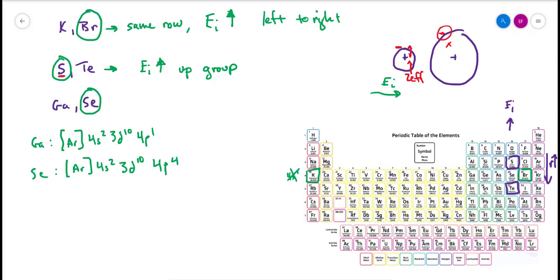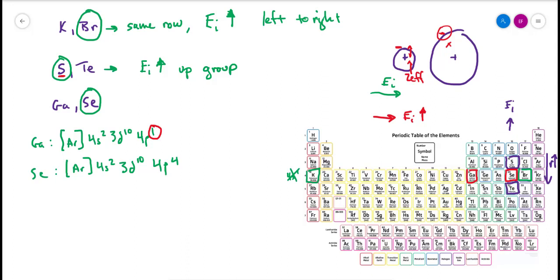Okay, so the last two, let's look at gallium here and selenium here. Again, we could rationalize it as you move left to right in the periodic table, the ionization energy goes up. That would be true, and that would get us to the right answer. We could also look at their electron configurations here. These are closed shell configurations. If we yank an electron from gallium, it's going to come from here.